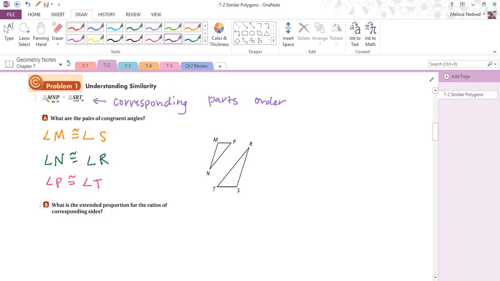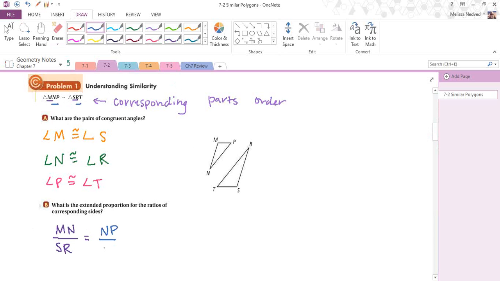Now, again, I could look at my picture, and I could say, hey, this left side looks like it probably corresponds to RS, the right side. But instead of using the picture, I'm going to go back to my similarity statement up here and list my first two sides, MN and SR. So my proportion of MN over SR is going to equal, now I'm going to list my second two sides, NP over RT.